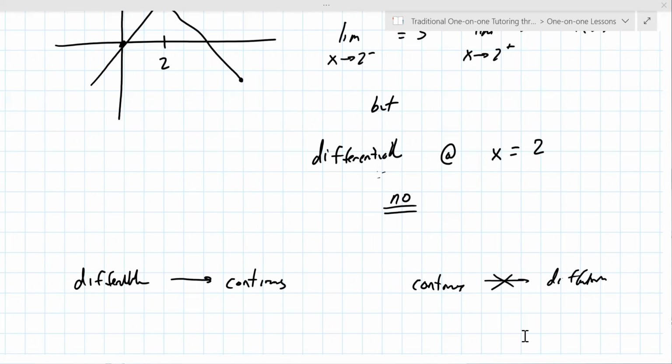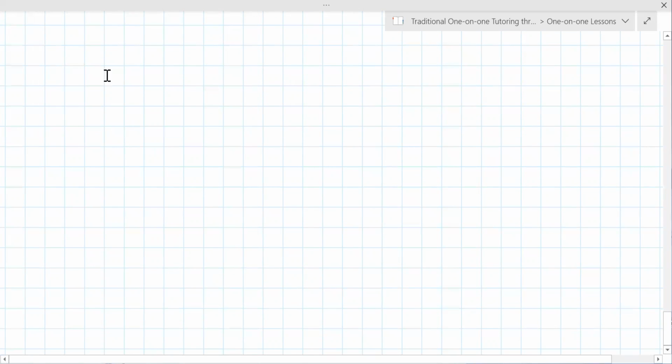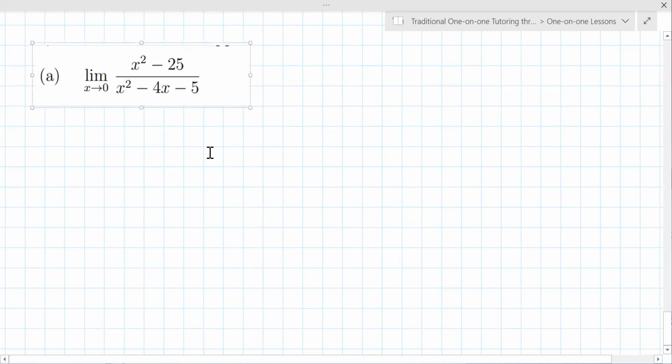The other style of question you get with limits is this one. So the first thing you always try with limits like this, algebraic limits, is you just put the value in. And when you do that here, you get minus 25 over minus 5, which is 5.